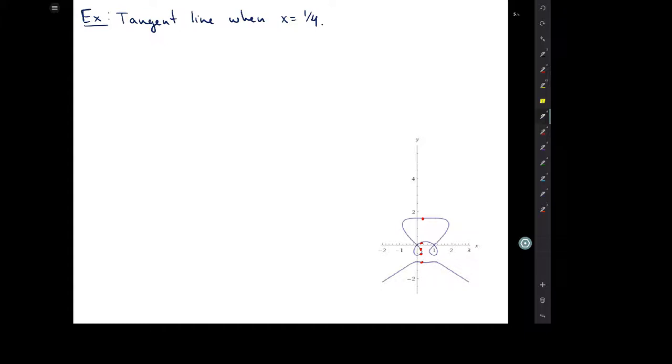So we ask ourselves, sort of as an aside, well, what is y? We have to have a y-coordinate to plug into this formula. Well, we know that we have this equation 2y cubed plus y squared minus y to the 5th is equal to x to the 4th minus 2x cubed plus x squared.